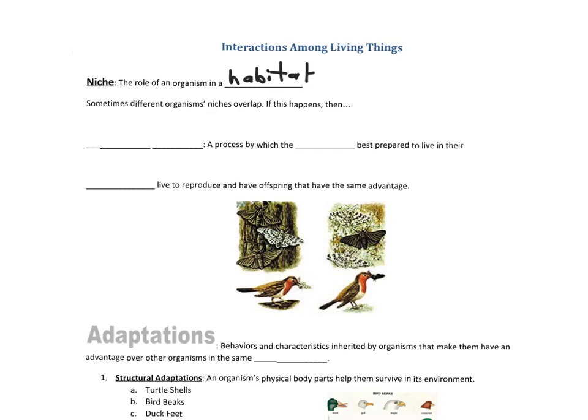And when that happens, we have this idea of natural selection. This is a process by which the organisms that are best prepared to live in their habitat are the ones that get to live and reproduce and have offspring that have the same advantage.